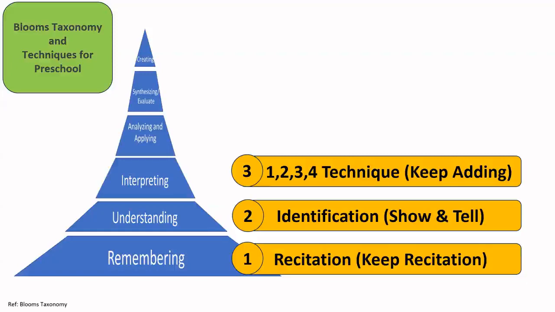We have already introduced a lot of techniques in our training. The number of pieces of information about that object that we talk about will depend on the age of the child: how many things the child can remember, how many things the child can interpret. So accordingly, you can add these things. It's a very, very easy technique. 1, 2, 3, 4. Follow the process.